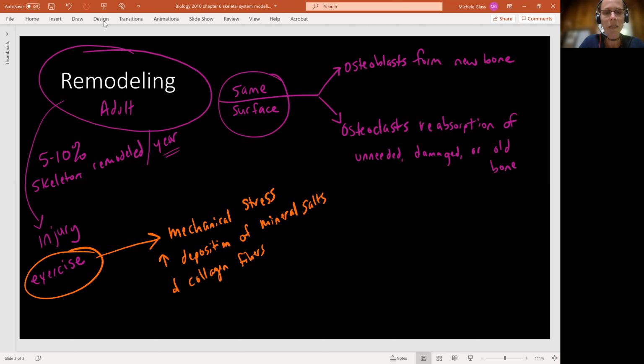So basically, if you increase mechanical stress, you're going to increase bone density, bone formation.